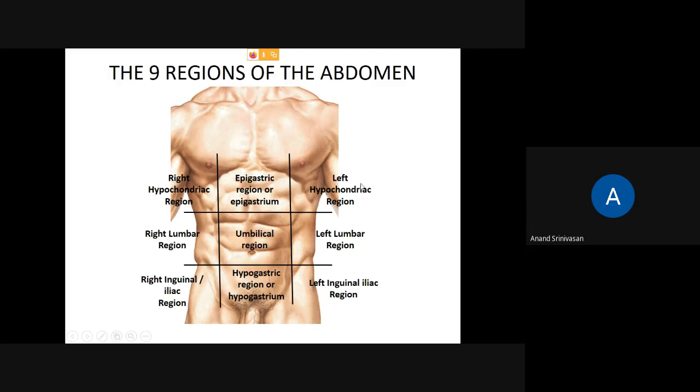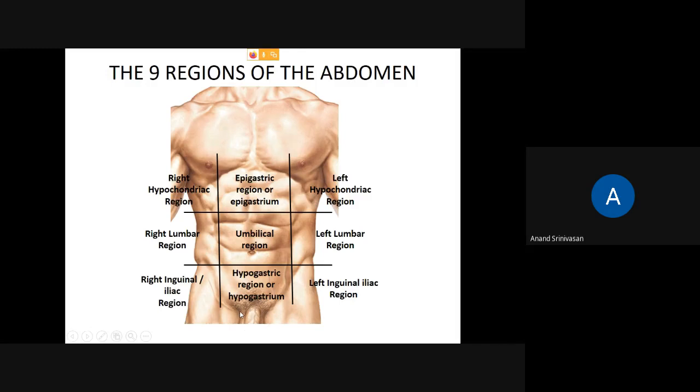All right. Now the surgeons, they also include a 10th quadrant or the region which is called as perineum. That is the genitals, the part between the two thighs. The perineum is the 10th region of the abdomen.